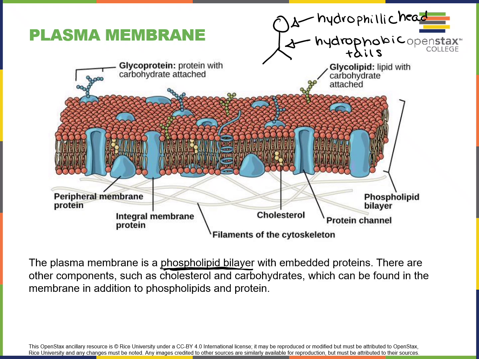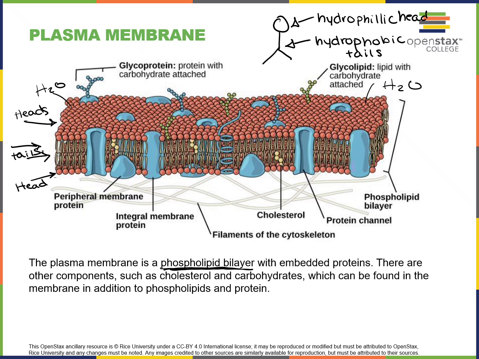Okay, so the head will be out towards the surface, touching more water, all of those things, because it can handle it, while the inside tails will kind of turn on their head so that they are protected from that liquid. So you got heads on the bottom, you got heads on the top, and you have tails in the middle.